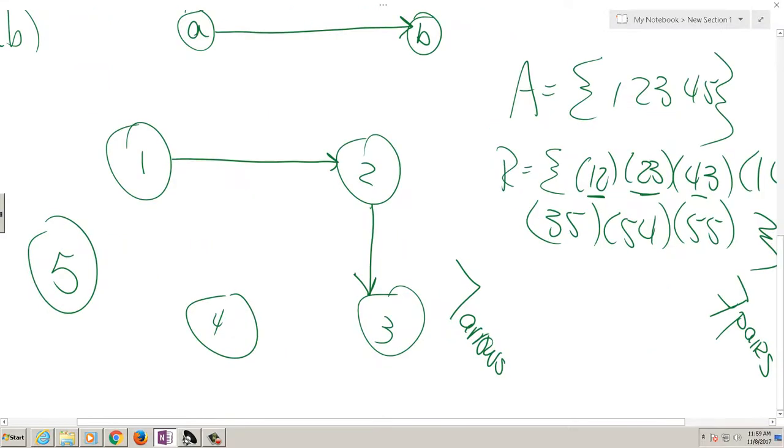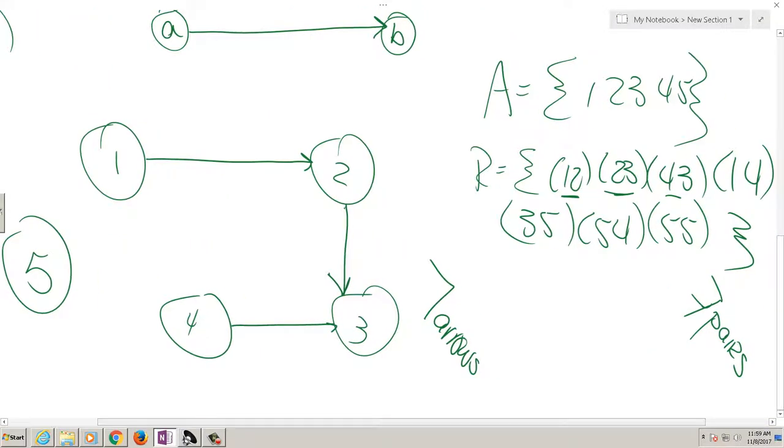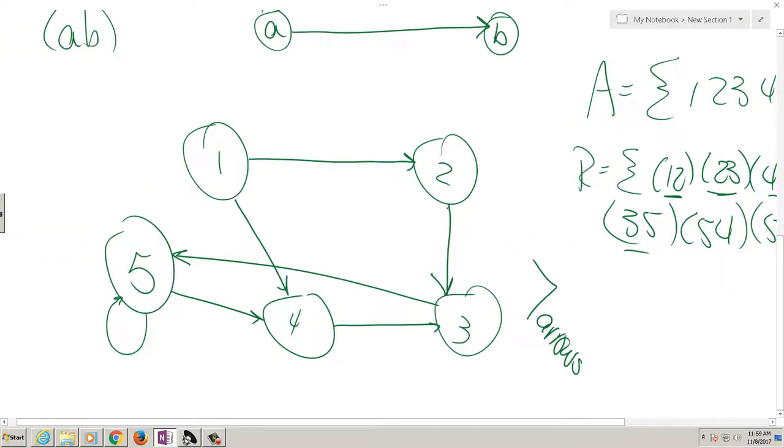Then we should find 4 to 3. Then we should find 1, 4. Find 3, 5. 5, 4. And then finally 5, 5. How do I indicate 5, 5? Yeah, so we're just going to have an arrow from 5 to itself.